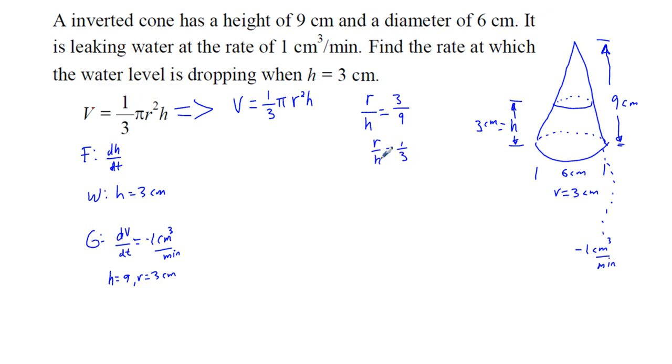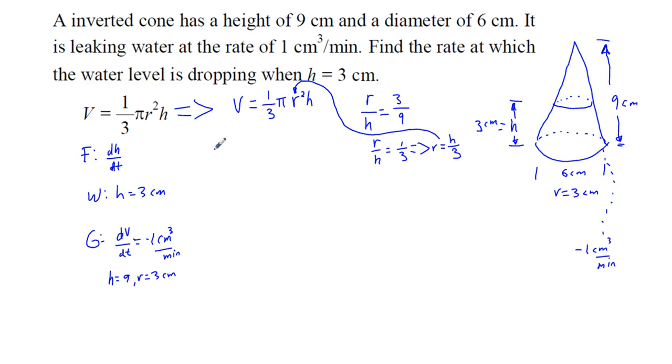And to solve for r, we can cross multiply, and we have r is equal to h over 3. So that's a ratio, and with this ratio, r equals h over 3, we're going to plug it in for this r here, and thereby reduce to only one variable on the right side.